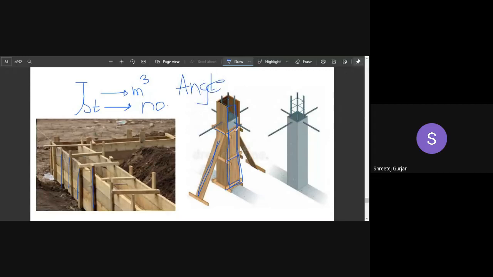Instead of wooden battens, you use angles to hold your steel plates in place. These are usually calculated in kgs. For timber it is done in meter cube, and for steel, it is done in terms of mass, in kgs.